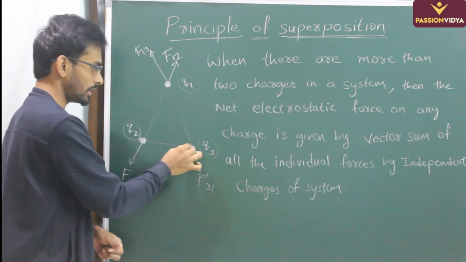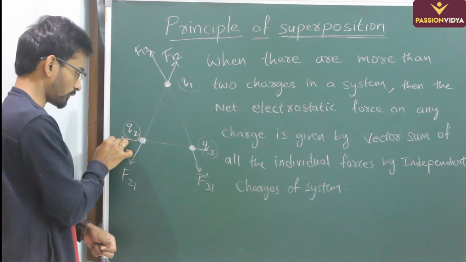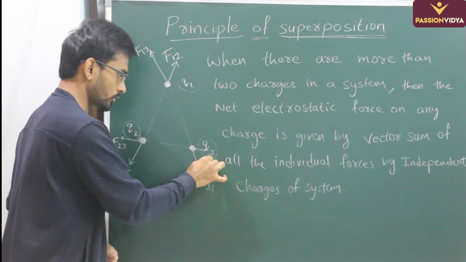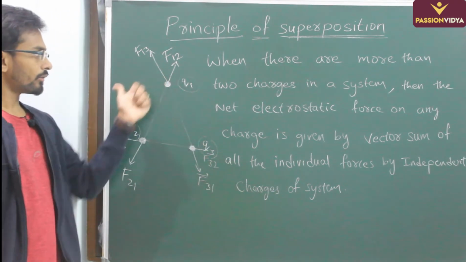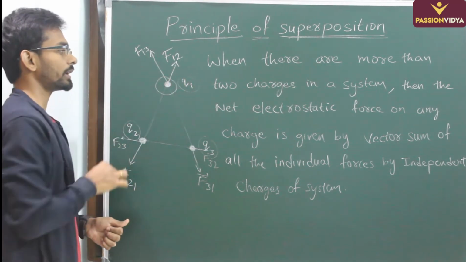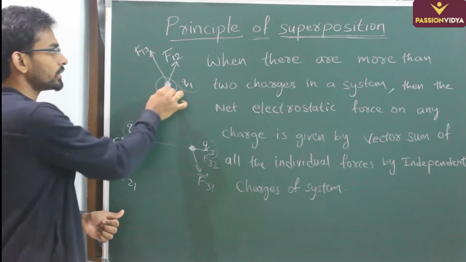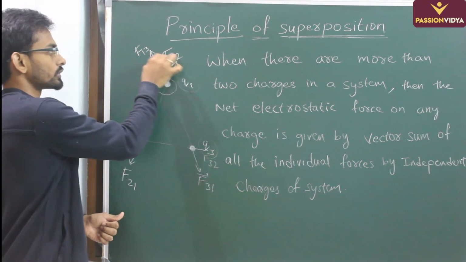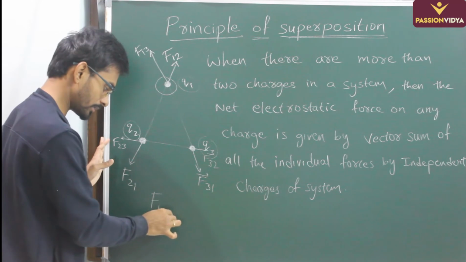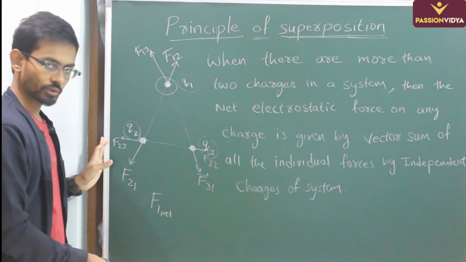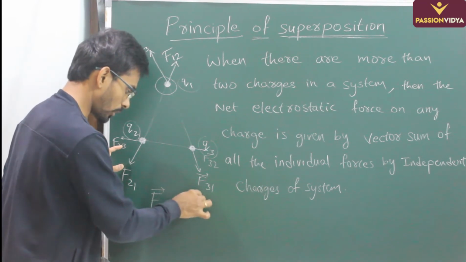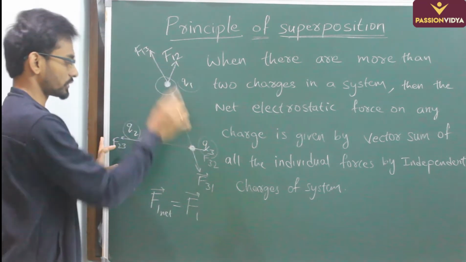Similarly, these two charges will interact, so this is the force on 2 due to 3 and this is the force on 3 due to 2. So these are the forces. Now if you want to find the net force acting on, say, the first particle, it is equal to the vector sum of these two forces. So F1 net, that is the net electrostatic force on the first particle, is given by the vector sum of these two individual forces.